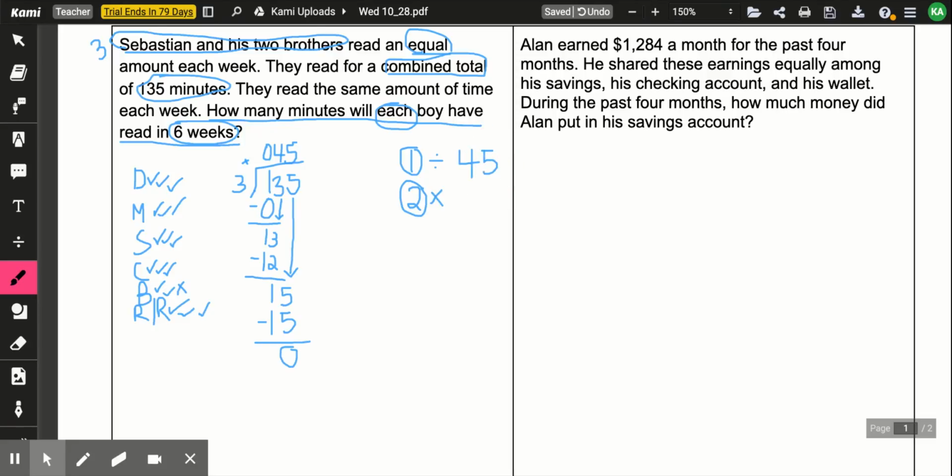But now, how many minutes will each boy have read in 6 weeks? No, that's not 45. 45 is 1 week. So what we need to do is take that 45 times 6, because 45 is 1 week, so we want 45, 45, 45, 45, 6 times.